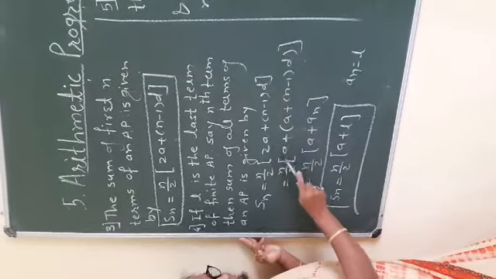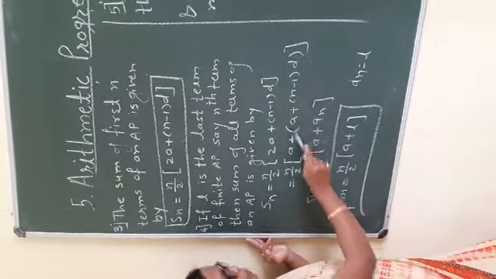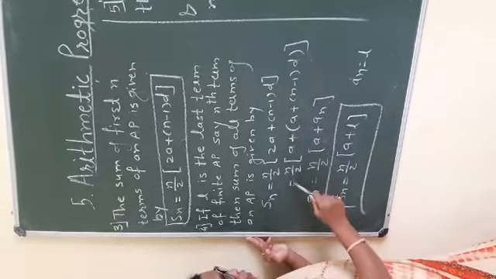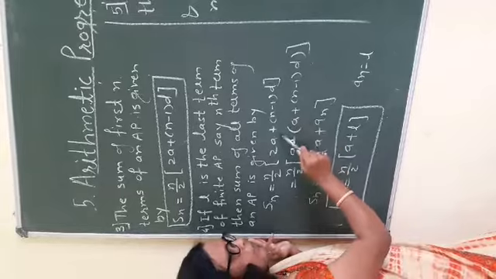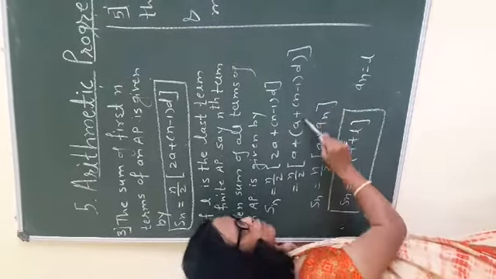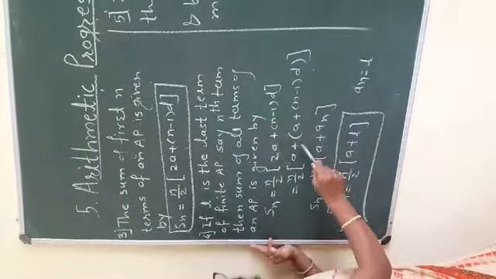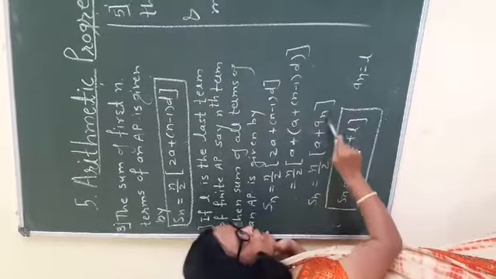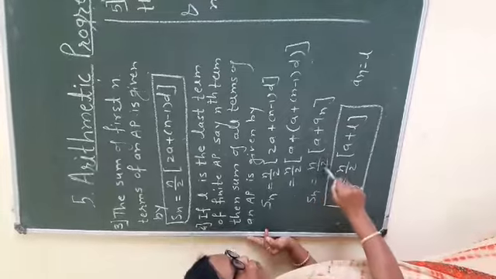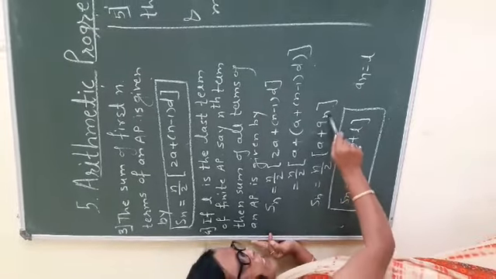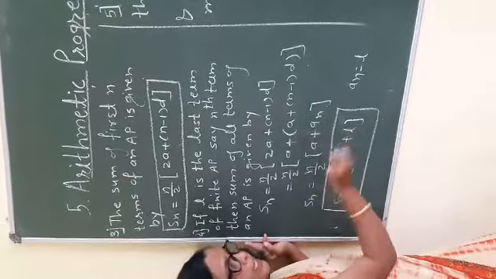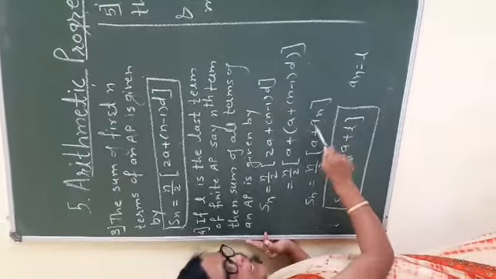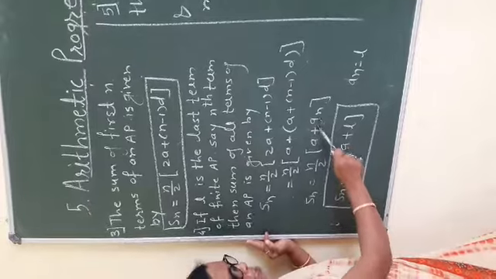Now 2a we can write as a plus a. So n by 2 into (a plus (a plus (n minus 1) d)), written in one bracket. Why have we done this? Because a plus (n minus 1) d is nothing but an, the last term, which we denote by l. So Sn is n by 2 into (a plus l).